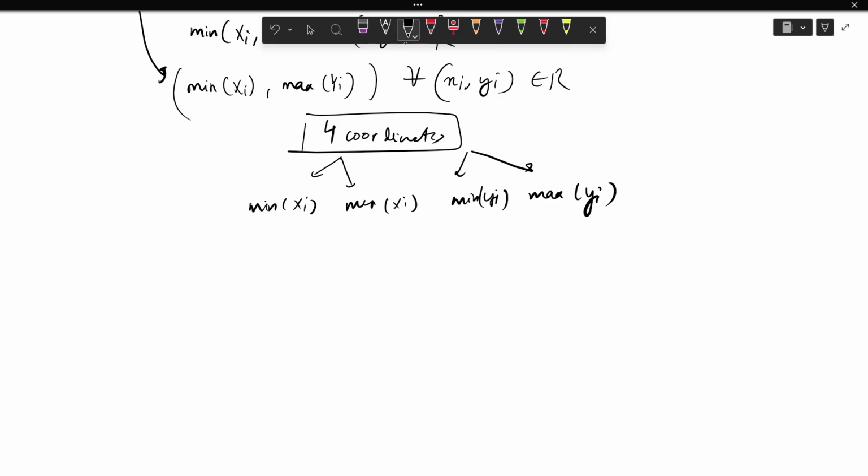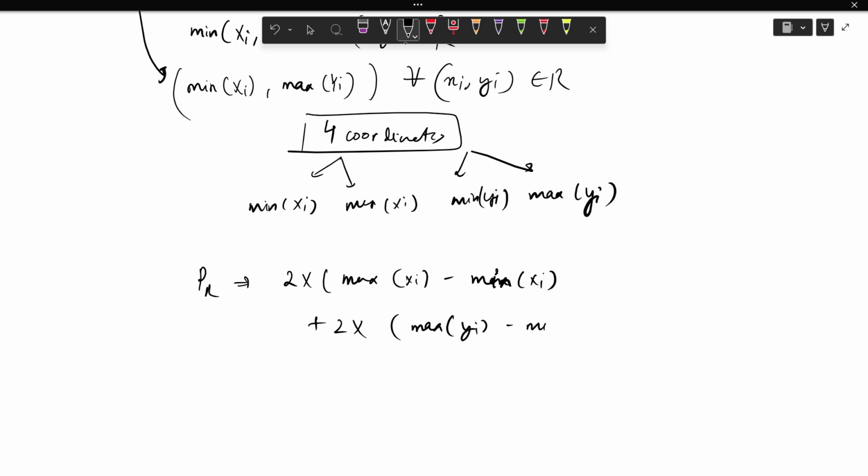So how will they contribute to the perimeter? So we can define PR as 2 times maximum of xi minus minimum of xi plus 2 times of maximum of yi minus minimum of yi. Why is that?